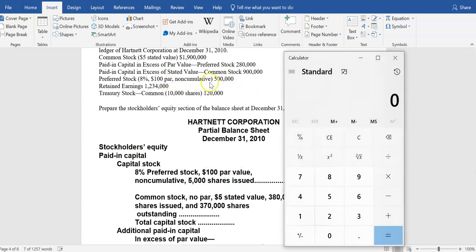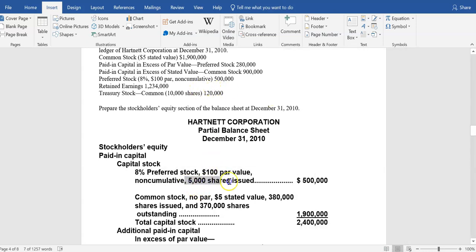Looking at this, if the balance in the account is $500,000 and we know the amount that we record into the stock account is at the par, if I divide the total dollar amount by the per share par value of 100, I know that 5,000 shares must have been issued. So I know 5,000 shares are issued, totaling $500,000.